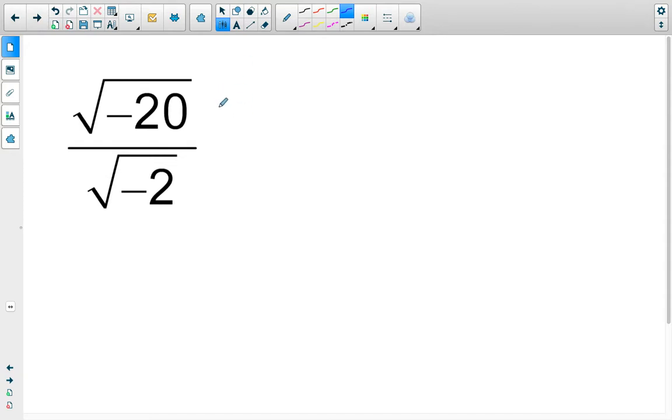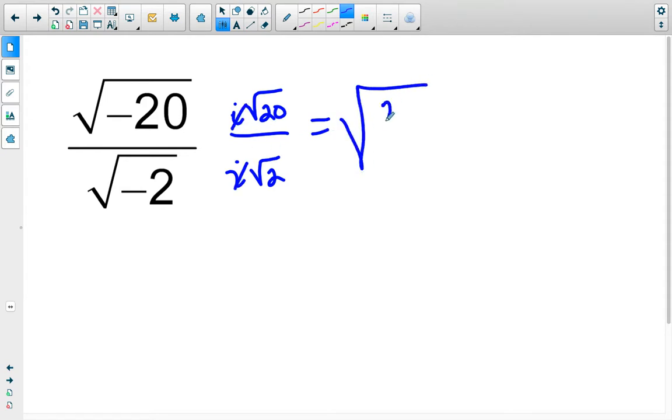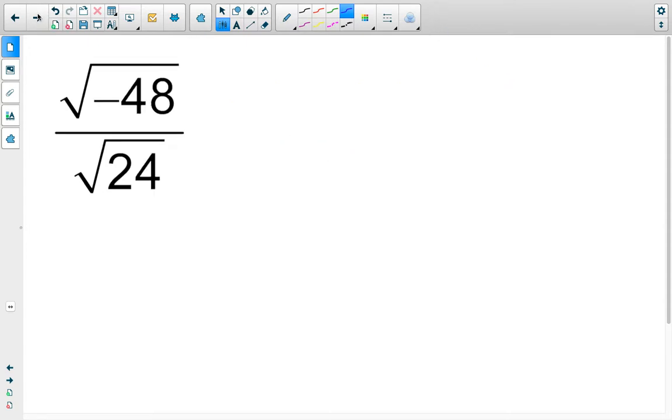And you want to do the same thing with the division problems. That's i over the square root of 20, i over the square root of 2. Now I notice the i's cancel, and I can turn that into a big old fraction here, and that gives me the square root of 10. So you may get the same answer if you don't deal with the negatives first, but sometimes you don't.